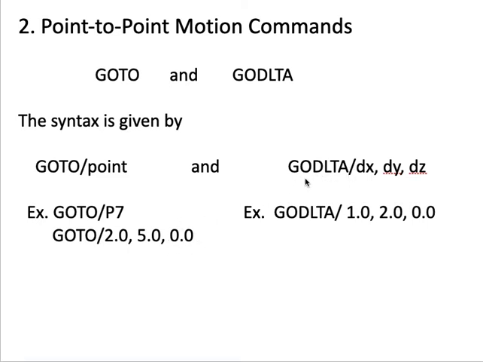The GODLTA command specifies relative motion or movement along the axes specified. The syntax is GODLTA slash dx comma dy comma dz. For example, GODLTA slash 1.0 comma 2.0 comma 0.0.